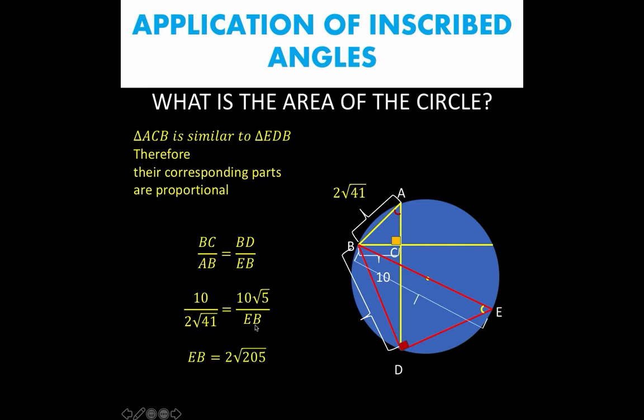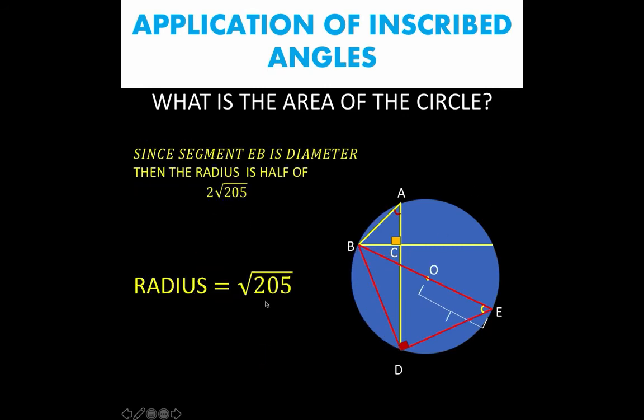Computing now for the measure of side EB, we have the measure of segment EB equals 2 square root of 205. And take note that this 2 square root of 205 is now the length of the diameter. And when we know the length of the diameter, we just divide this by 2 to get the measure of the radius. And so our radius is 2 square root of 205 divided by 2, which is equal to square root of 205.